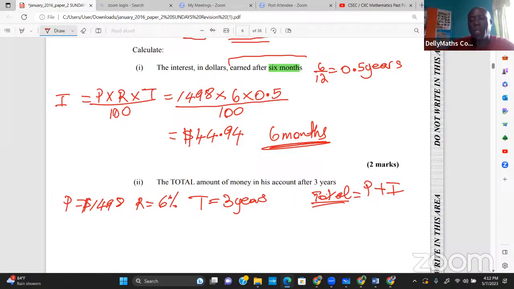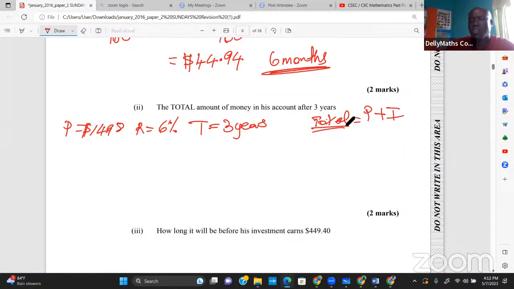So now what you want to do is to go and find the interest for the 3 years. That's one of the approaches. Let me write back the formula for you one more time. It is P times R times T over 100.